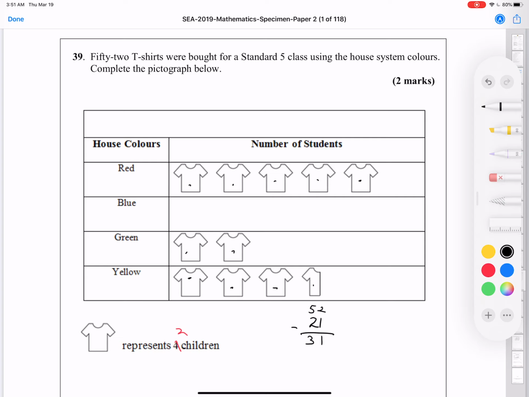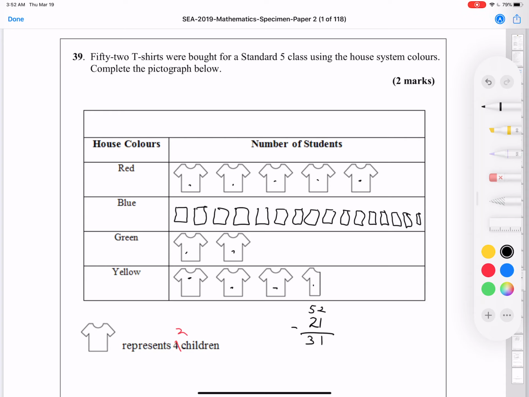So we have, for blue, we have to draw t-shirts to represent 31. Okay. Now your art doesn't have to be perfect. That's not what they care about. And I do not want to spend a lot of time. I'll just draw some rectangles, alright? So 2, 4, 6, 8, 10, 12, 14, 16, 18, 20, 22, 24, 26, 28, 30, and a half of 1.